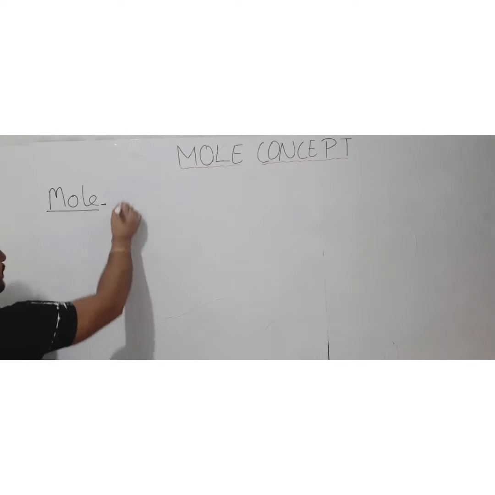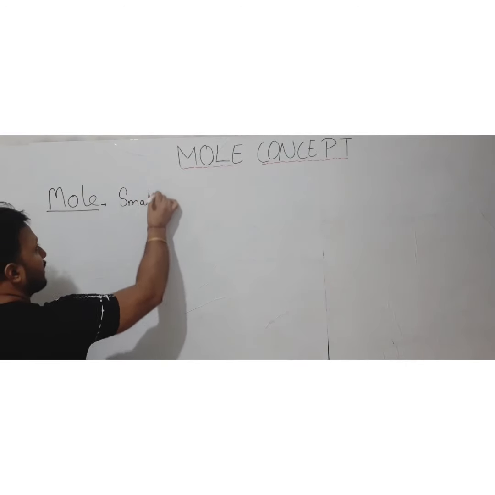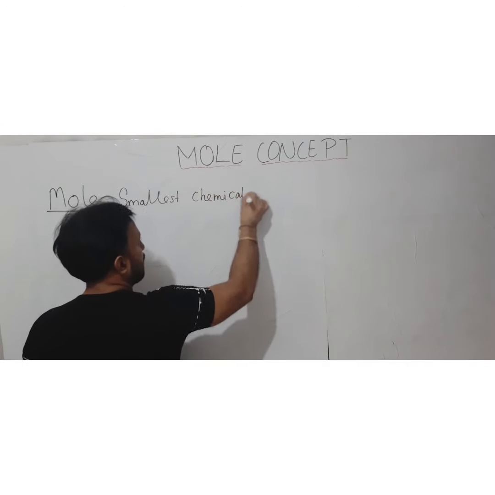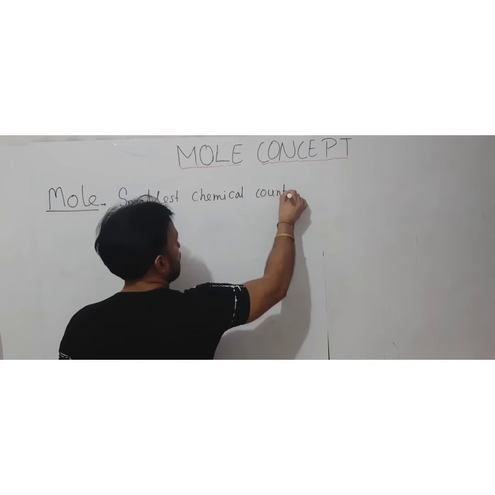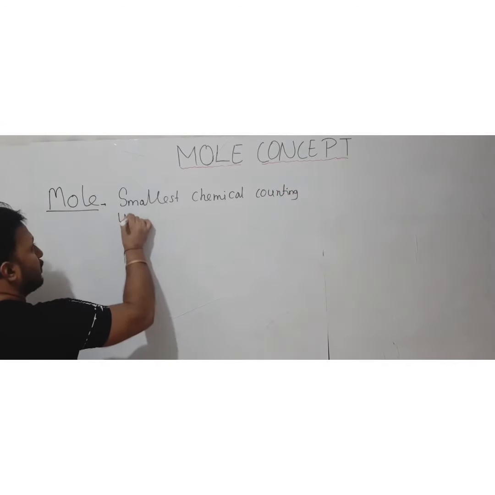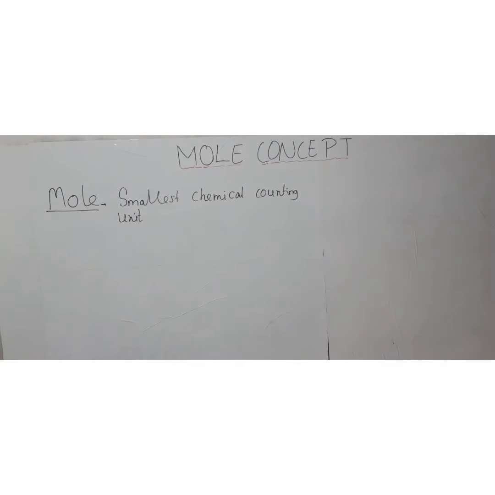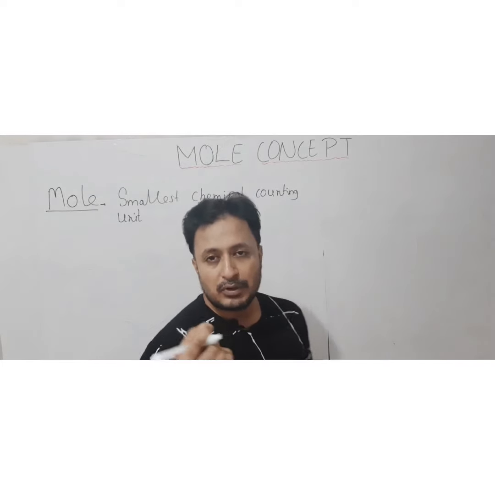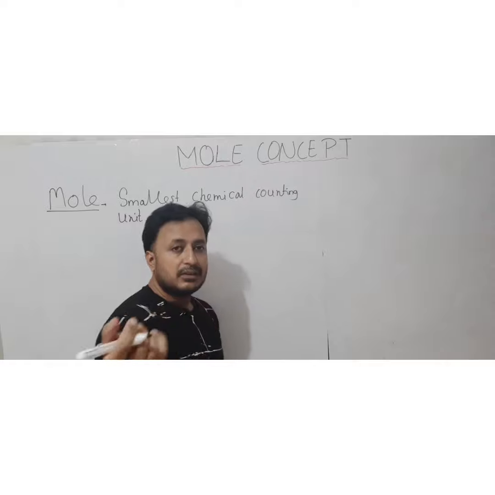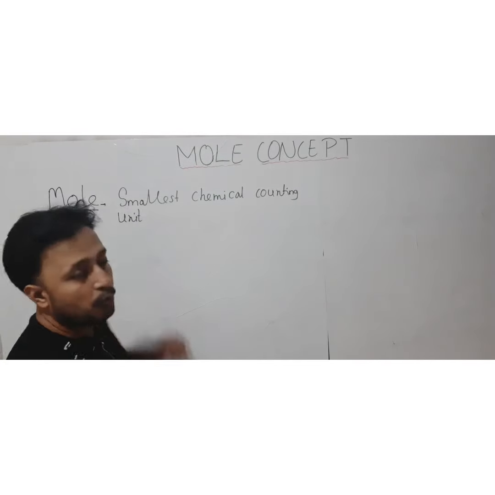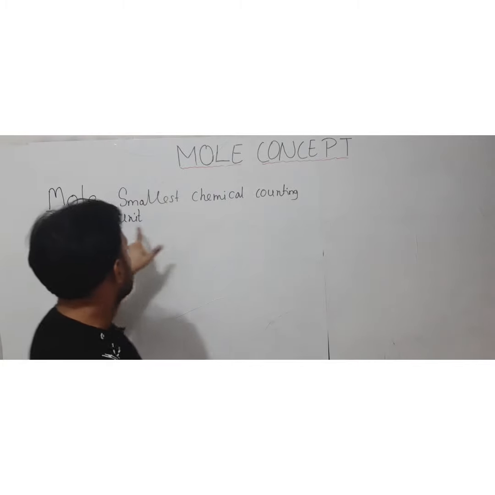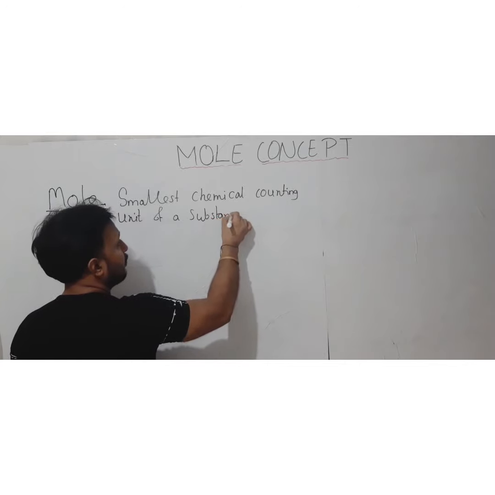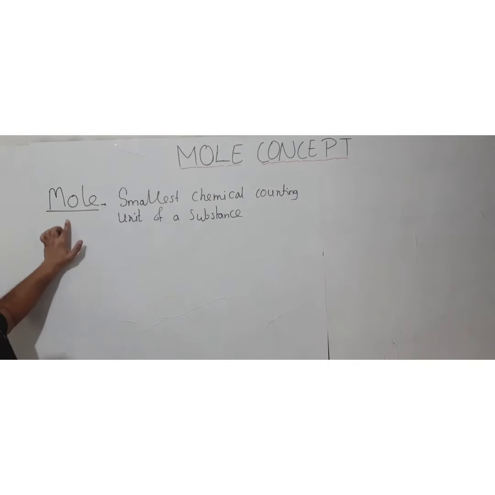So it means it is the smallest chemical counting unit, like how many smaller particles, or how many molecules, or how many atoms are present in certain elements, that we can count by using mole. So it's the smallest chemical counting unit of a substance. The smallest chemical counting unit of a substance is known as mole.